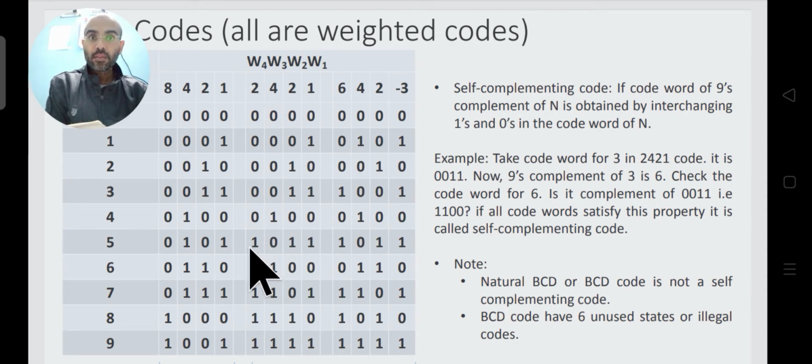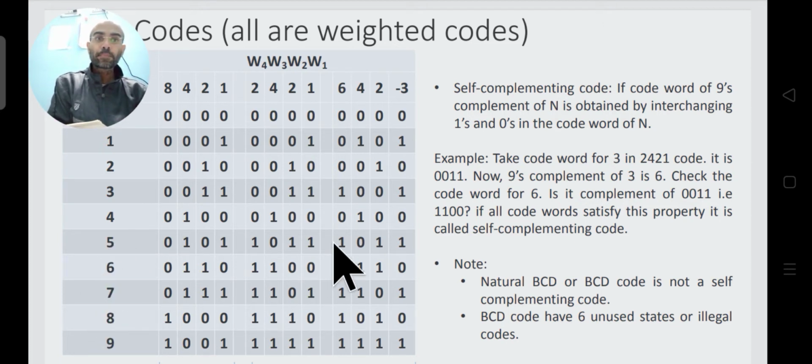So you see, 1 is coming at this place, then 0 at this place, then 1 at this place, and then 1 at this place. If you multiply the place value with the face value of the code, you get the decimal equivalent of that number. So this is how we represent 5 in 2421 code.